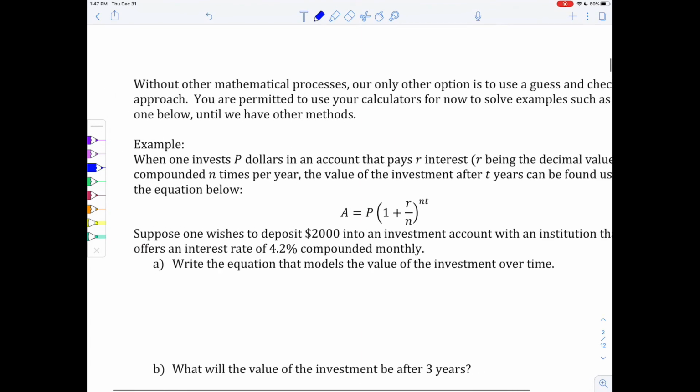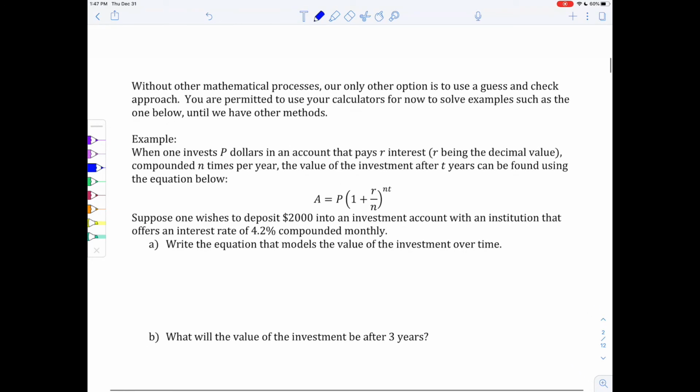When you invest P dollars in an account that pays R interest compounded n times per year, the value of the investment after T years can be found using this equation over here. P is often used for principal, your initial amount. R usually stands for rate.